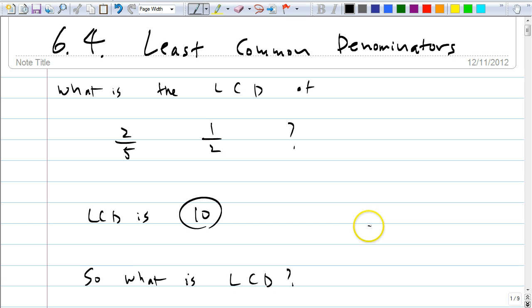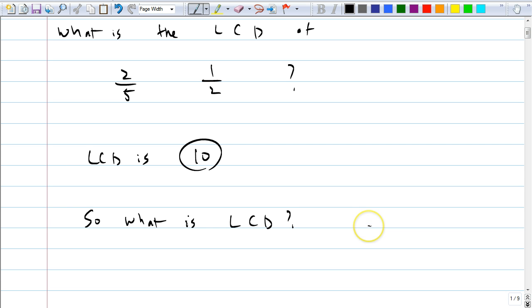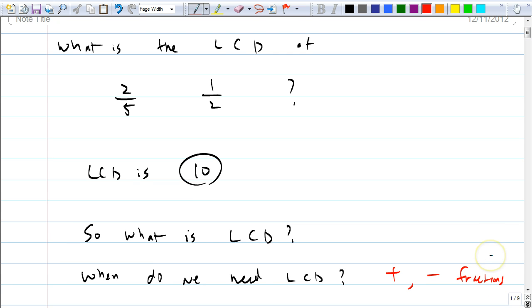So what is LCD, and when do we need it? This is when we add and subtract fractions, right? Yeah, so I'm just giving you some basic ideas of what we're doing today, just going over these.